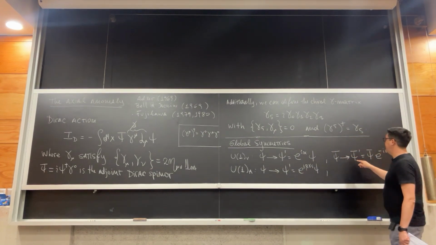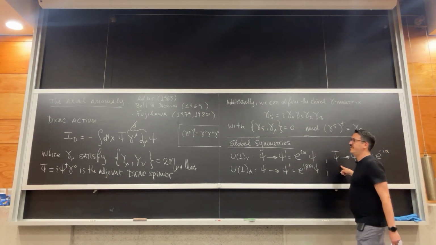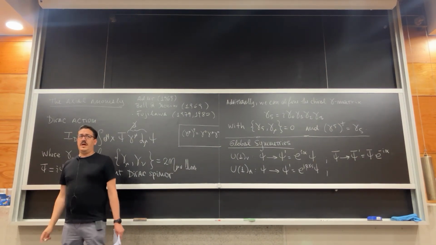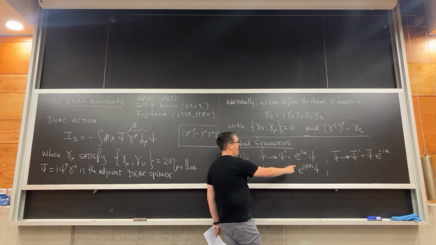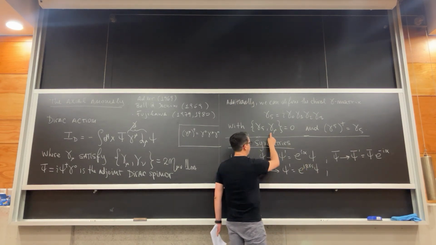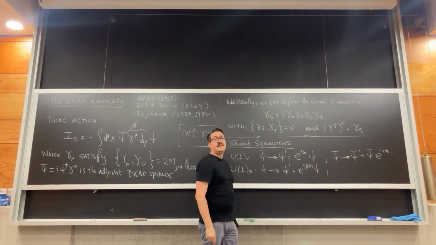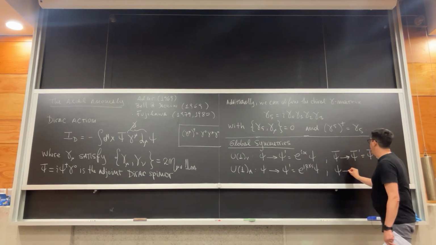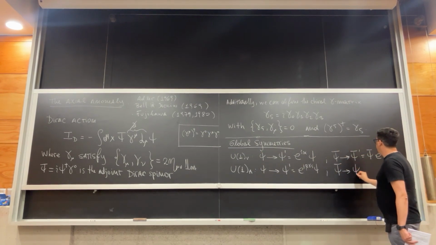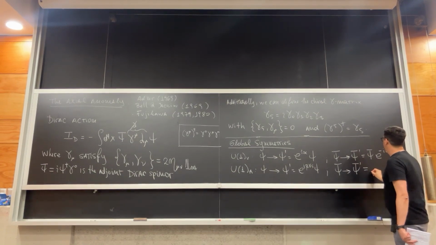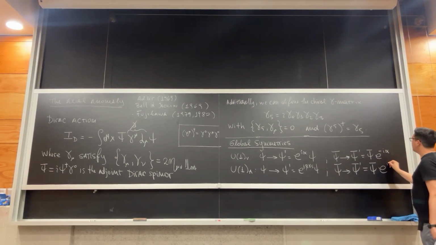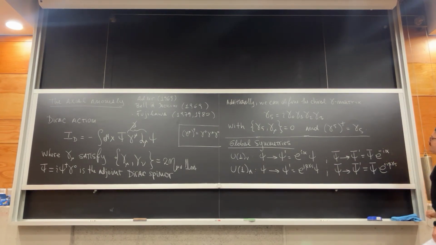And notice that since the adjoint Dirac spinor involves a gamma 0, and here I have a gamma 5, that anticommutes with all the gammas, the adjoint Dirac spinor will transform in this way: psi bar goes to psi bar e to the plus i beta gamma 5.